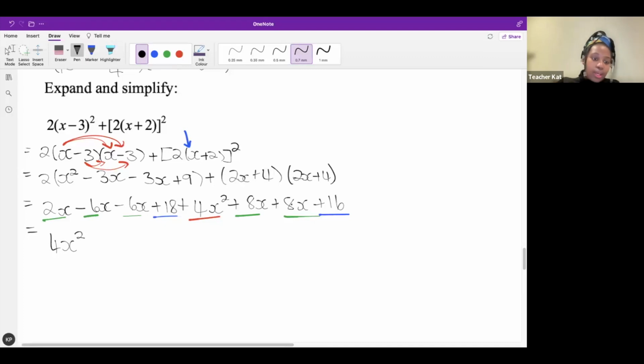Geez. Guys, you see when we say don't rush in life. 2x squared, so the 4x squared does have a like term. It is 2x squared plus 4x squared, which is 6x squared.